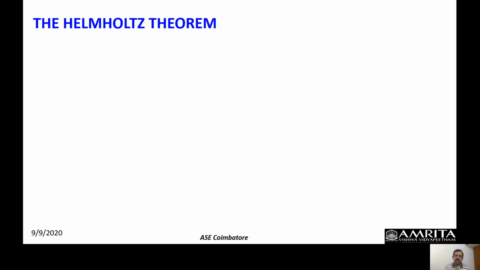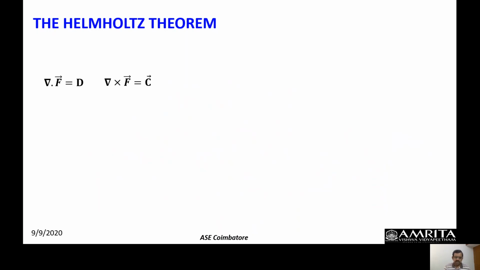Now, having said that, suppose I know the divergence and curl of a vector function. Okay, please pay attention. Suppose I know the divergence and the curl of a vector function like del dot F equal to D, which is the divergence, which is a scalar, and del cross F equal to C, which is a vector function, curl operation, cross product operation.